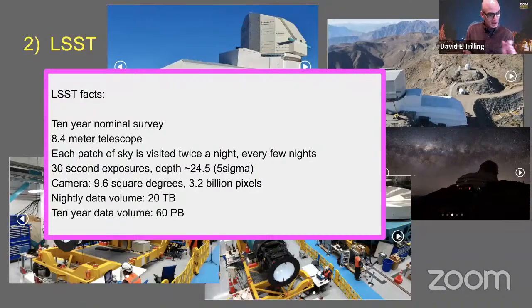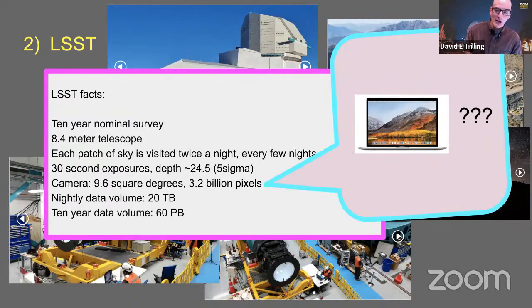There are 30-second exposures at each patch, and the depth in each exposure is about 24.5. That's 5 sigma, depends a little bit which band we're talking about. The camera has a 9.6 square degree field of view, 3.2 billion pixels. The nightly data volume is 20 terabytes, and the 10-year data volume is 60 petabytes. It's a lot of zeros.